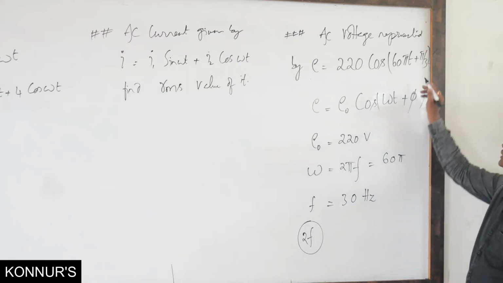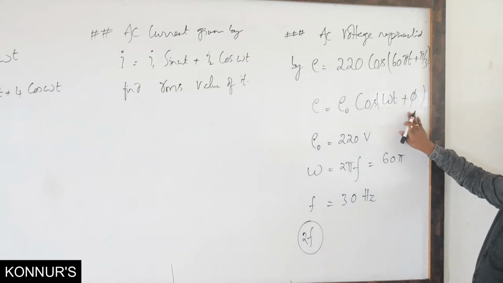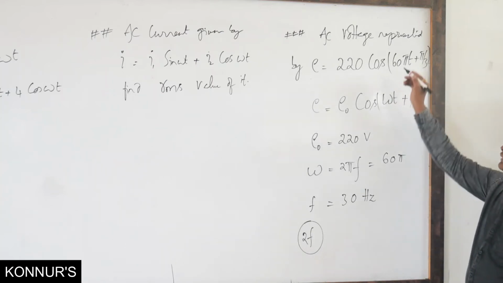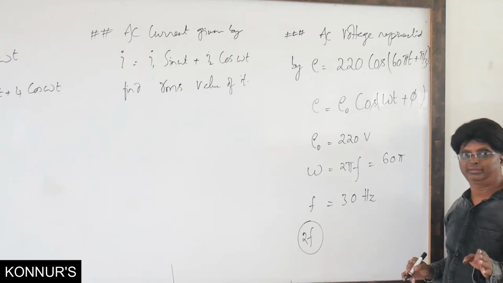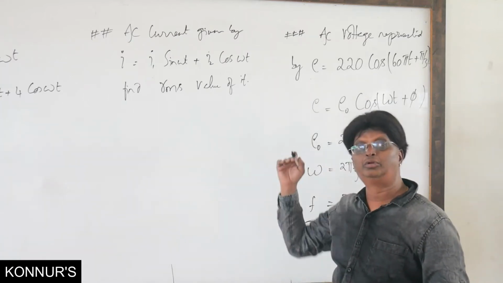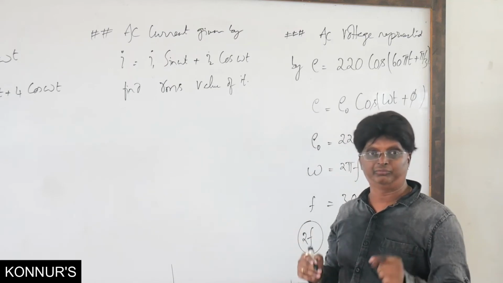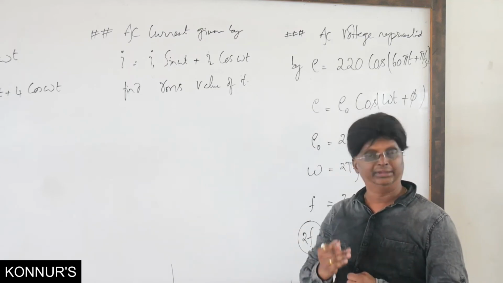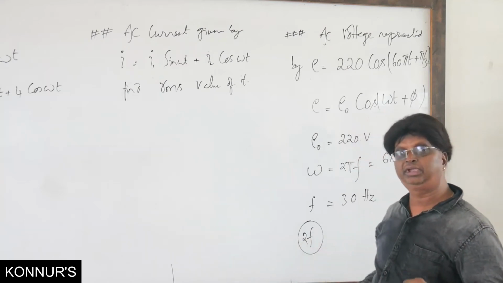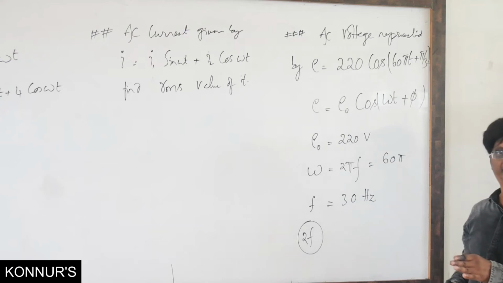Of course, here this phi is the phase, which is pi by 3. Now the point is that in the data, otherwise, it is given with additional information such as a voltage signal in which circuit, whether it is an R circuit or L circuit, a circuit with LR, a circuit with C, circuit with CL, all those things are important.